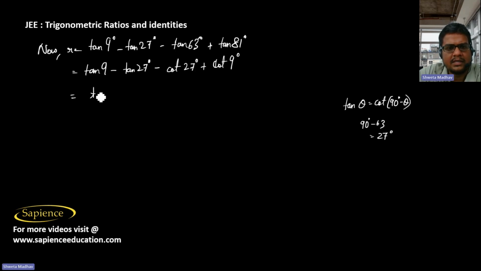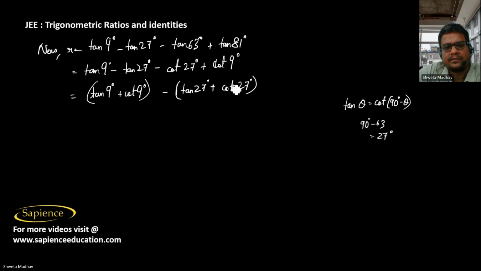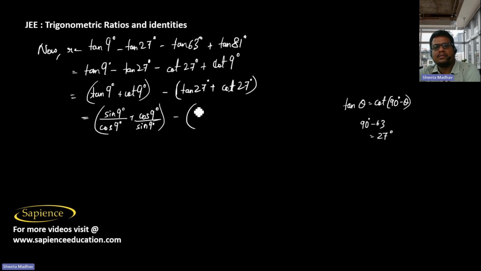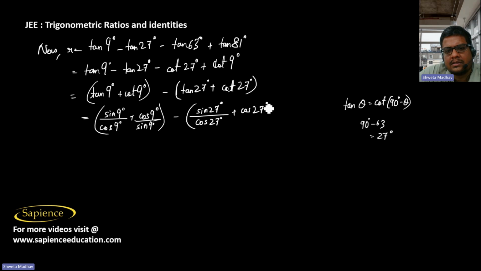So this will be equal to tan 9 degree plus cot 9 degree minus of tan 27 degree plus cot 27 degree. So this will be sine 9 degree by cos 9 degree plus cos 9 degree by sine 9 degree. Then this will be minus of sine 27 degree by cos 27 degree plus cos 27 degree by sine 27 degree.